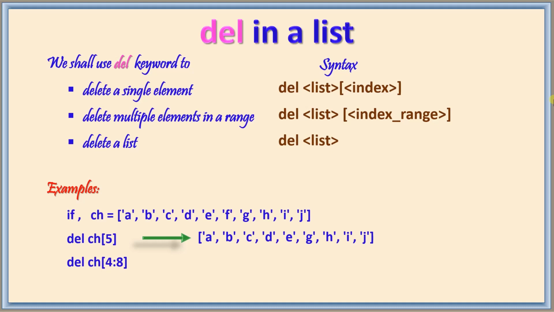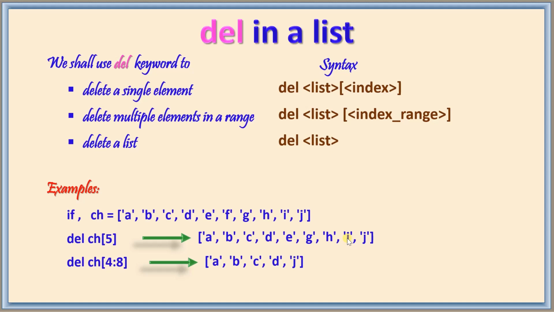That means the fifth element having index number 4, that is E, F, G, H, I. So 4, 5, 6, 7. 8 is not included. So that means J will not be included. It will be there. So A, B, C, D, J will be the new list after performing this.